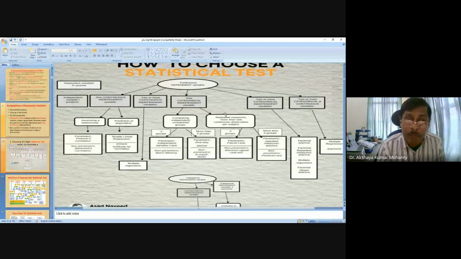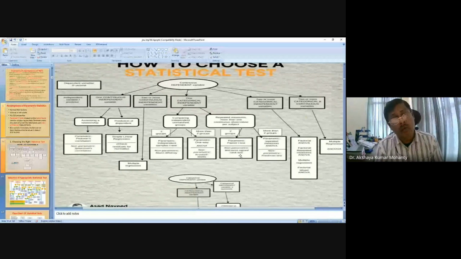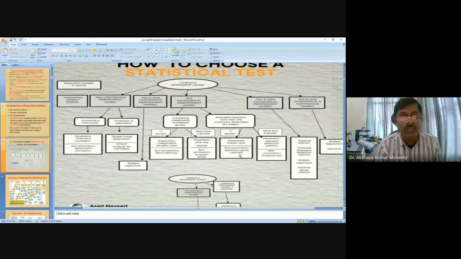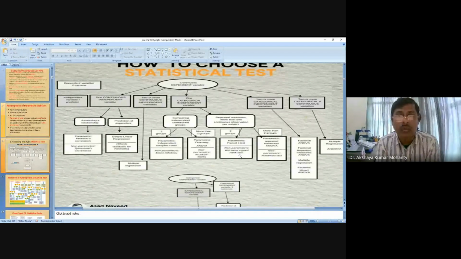And if it is a repeated measure case under the two groups, then you can use the Wilcoxon signed rank test. The details of how the Wilcoxon signed rank test is computed you can get from your statistics material, because here we are confined to showing you how, where, and when the test will be utilized.